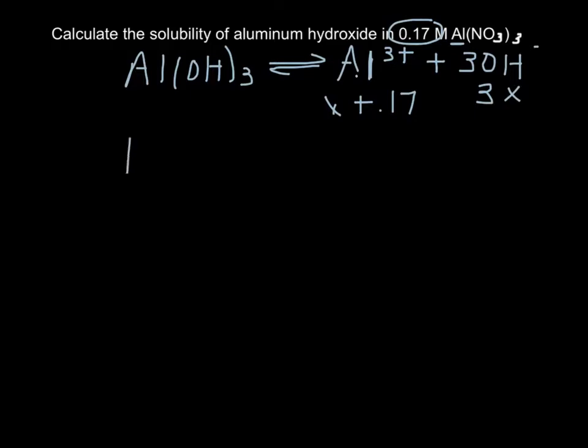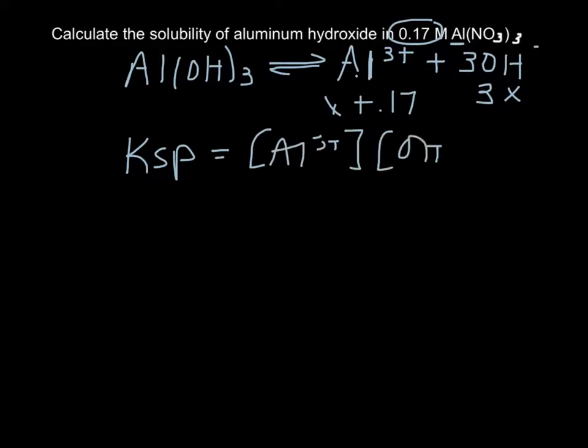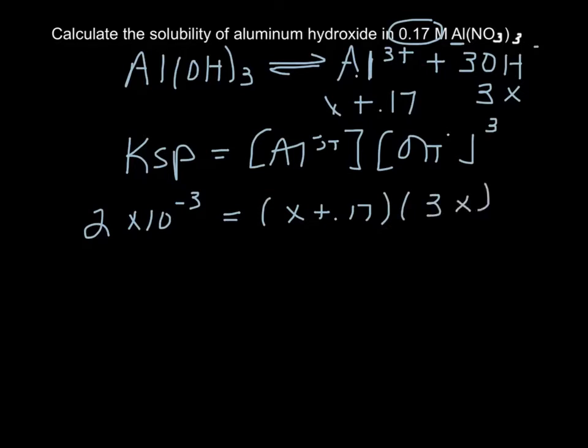So Ksp is the concentration of aluminum ion times concentration of OH minus cubed. The Ksp is a constant, so it's still 2 times 10 to the minus 31. And that's going to be equal to x plus 0.17 times 3x cubed.